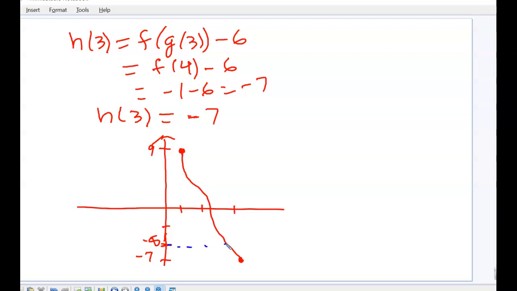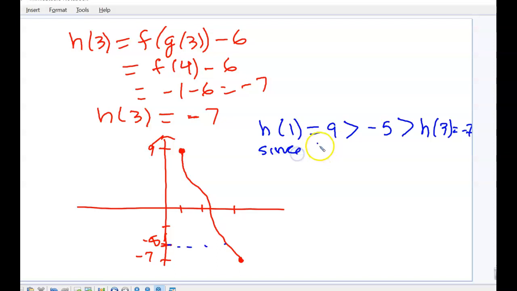Okay, so again, we can conclude, let's do it the other way. In our explanation, we could say that h(1) equals 9 is greater than -5, which is greater than h(3) equaling -7.